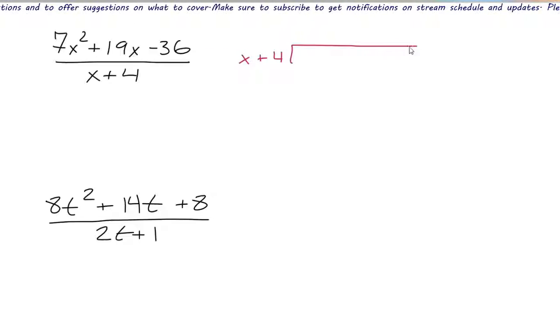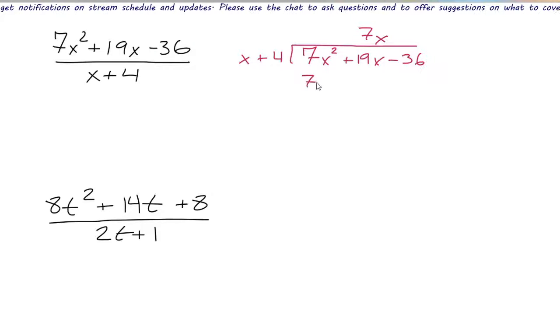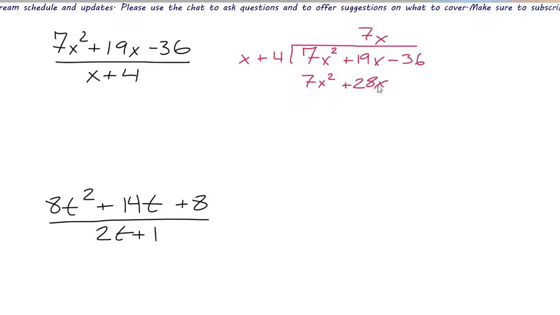We're going to divide from 7x squared plus 19x minus 36. So what can I multiply x by to get 7x squared? Well, I can multiply 7x. x times 7x, you get 7x squared. Multiply 7x by 4 and you'll get positive 28x.